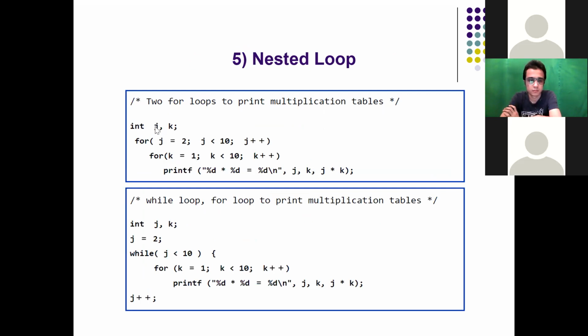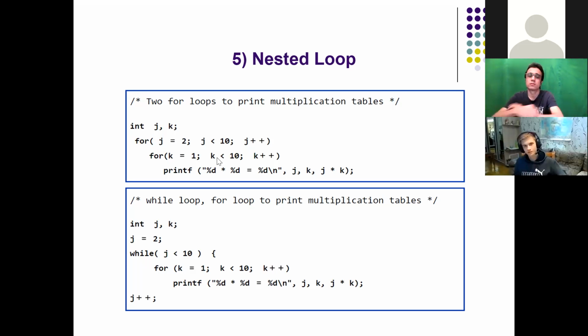We will initialize two variables because we need just two variables. For the first time, we need to print the multiplication table from 2 until 9, and it is initializing as it has one statement, missing the curly brackets. Here it's initializing one more loop in order to print the multiplication table of the number 2.